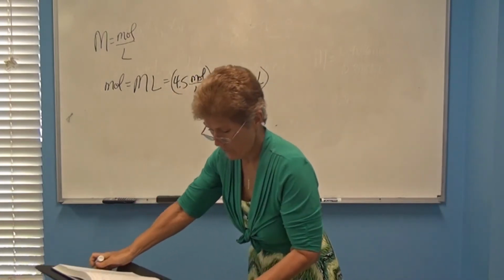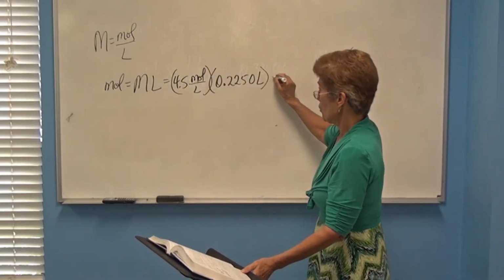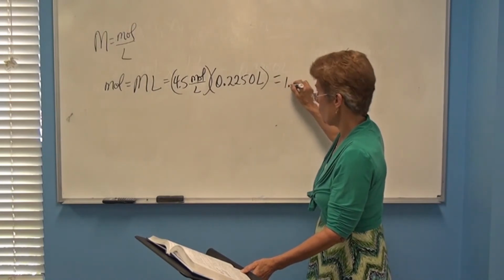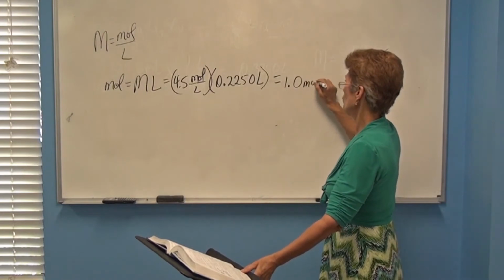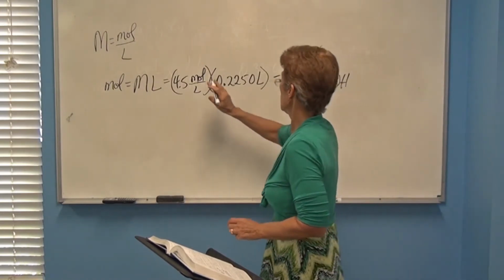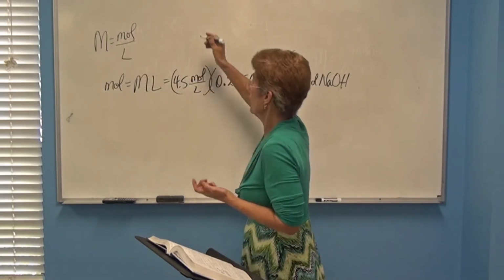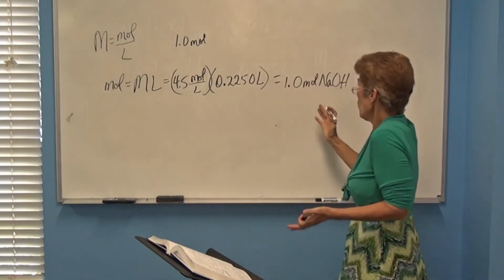And so that's going to give you the number of moles. So when you multiply that out, you end up getting 1.0 moles of sodium hydroxide, because you have to have 2 significant figures. Now once you have that, 1.0 moles of sodium hydroxide is 1 mole.